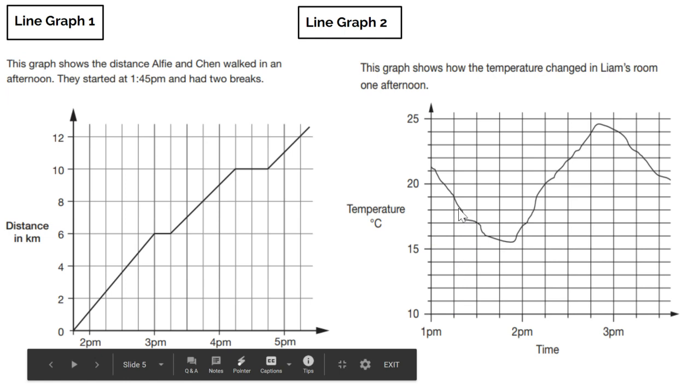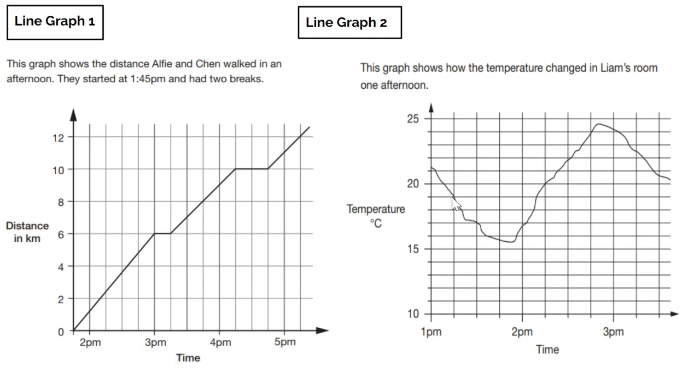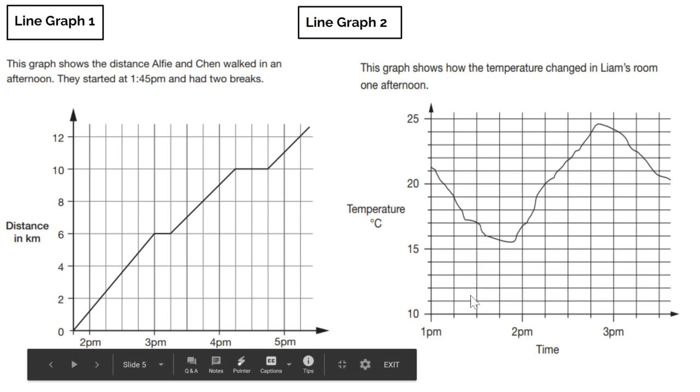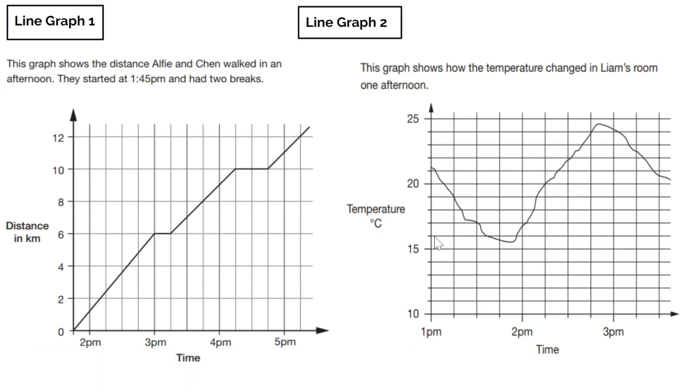The temperature there, this is the data, was now 19 degrees Celsius, because look, that's 20 and we know each of these is 1, so that must be 19. Again, if I go to the next one, which is 1:30, right in the middle, I can see it's here. So it's 16, 17 degrees Celsius.